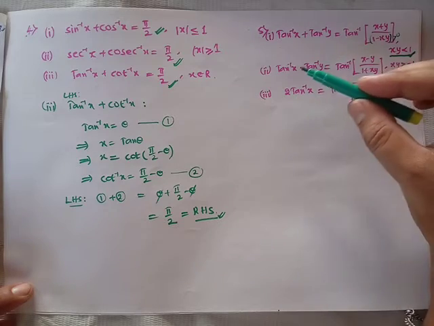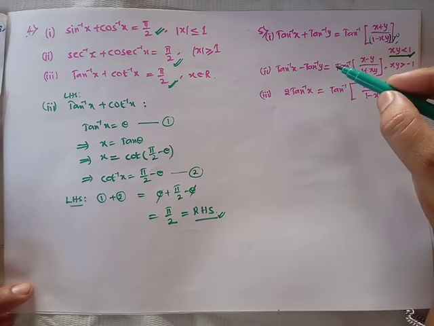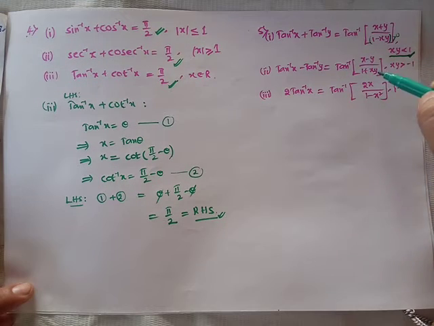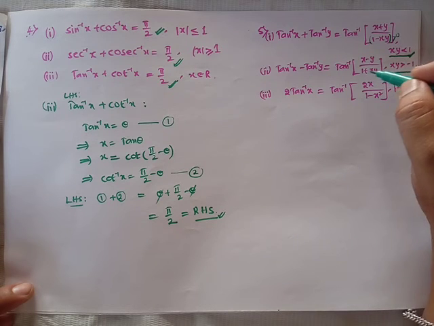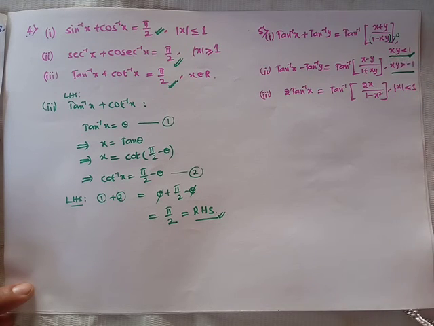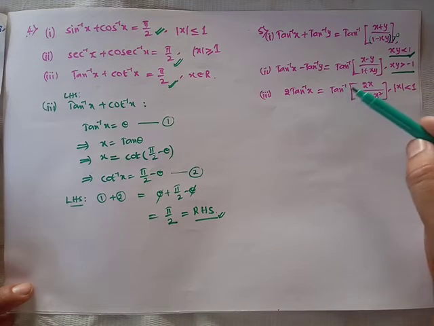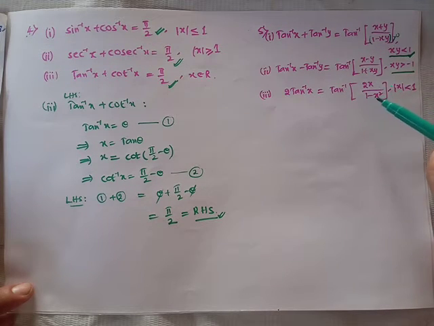Same, tan inverse of x minus tan inverse of y is equal to tan inverse of x minus y by 1 plus xy. This xy will be greater than minus 1. Same, 1 plus xy greater than 0. And last, 2 tan inverse of x is equal to tan inverse of 2x by 1 minus x square, where mod x is less than 1.